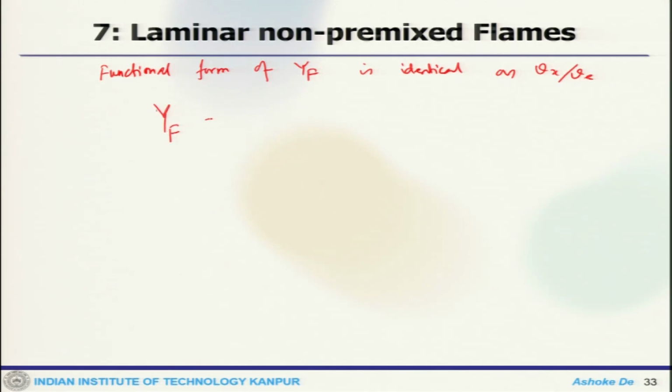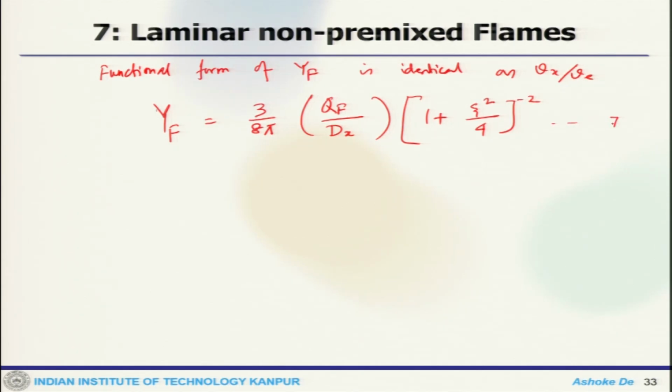So, we can write Y_F equals 3 by 8 pi Q_F by D x over (1 plus chi square by 4), where fuel flow rate is Ve pi r square. So, this is your volumetric fuel flow rate.